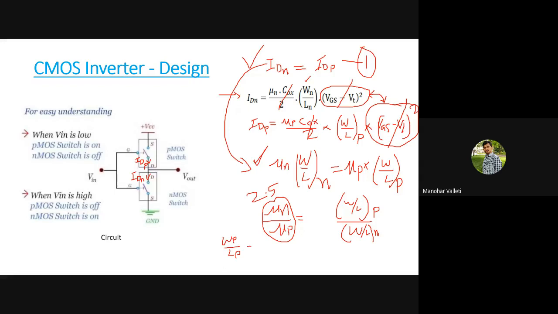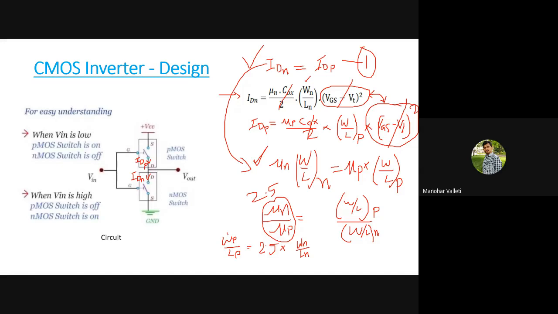So if we equate here and here, I will write like this: WP by LP equal to 2.5 multiplied by Wn by Ln, where Wn is the channel width and Ln is the channel length of the NMOS transistor.